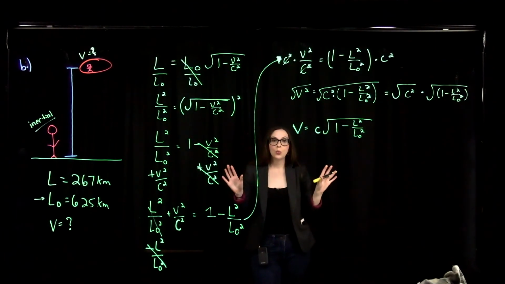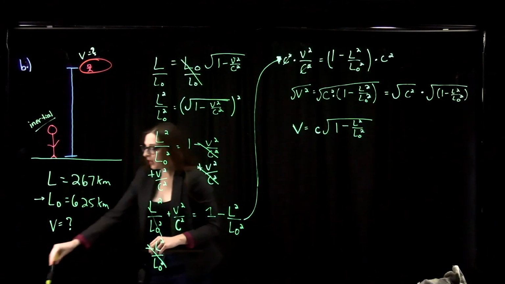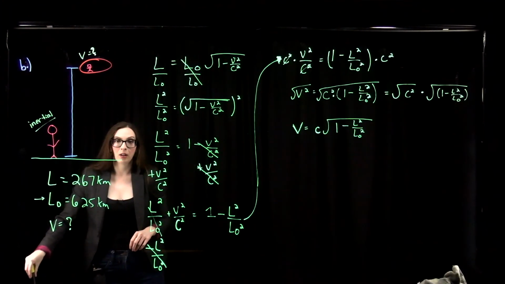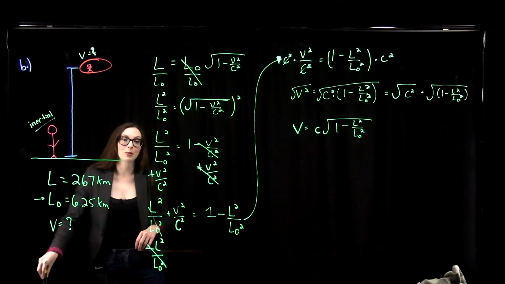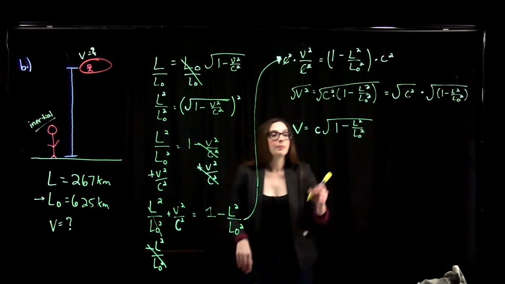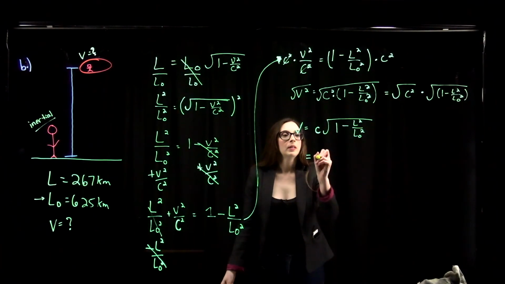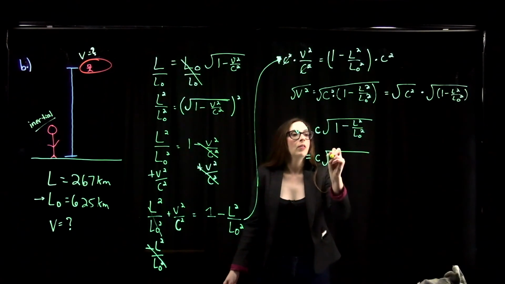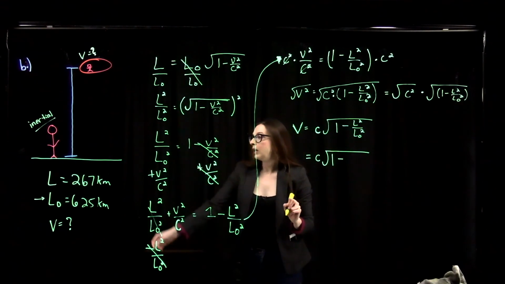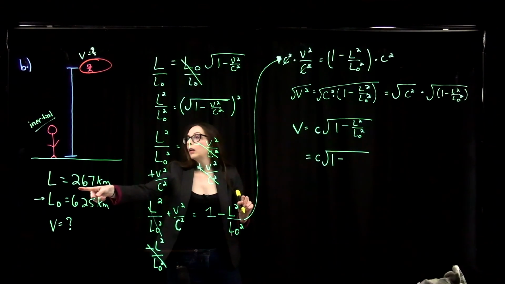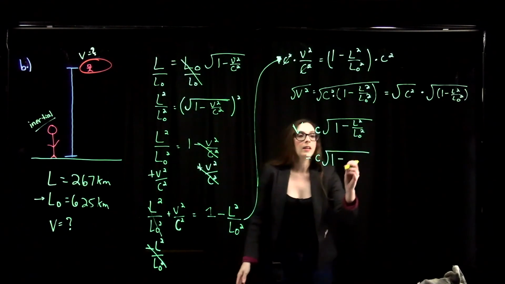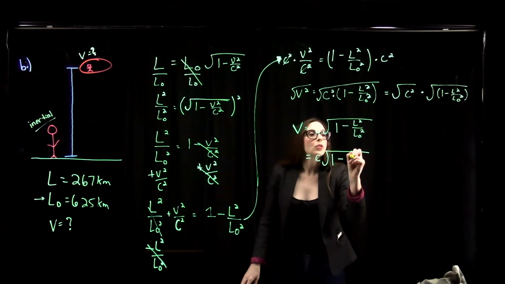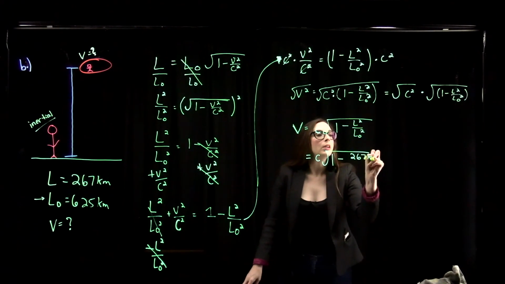Okay, woo! We did all of that algebra work, and now we are ready to plug in other quantities. Actually, I'm going to leave c as it is. I'm not going to put in the number 3 times 10 to the 8 meters per second. So this is equal to c times the square root of 1 minus the length between the Earth and the ground from the perspective of an observer in the spaceship, 267 kilometers.